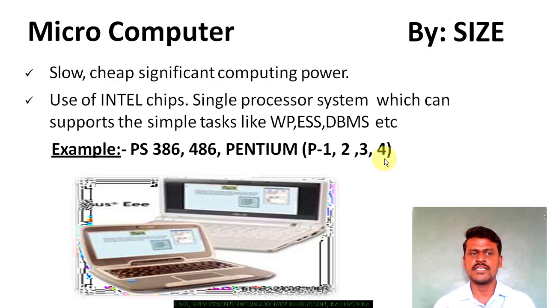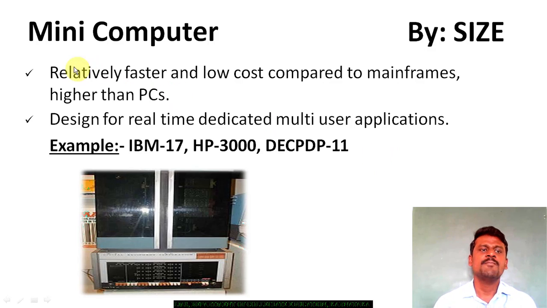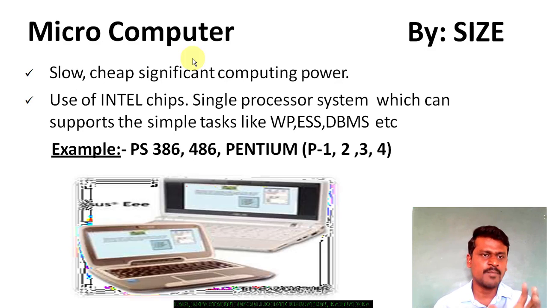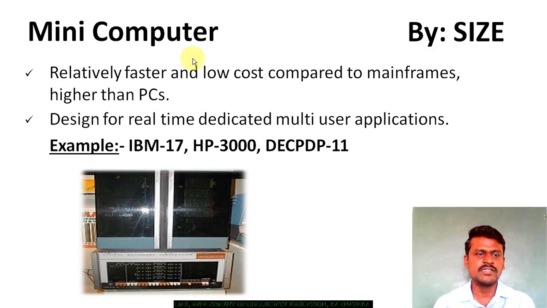Now we will move on to the next one, minicomputers. Minicomputers are relatively faster. Micro means very small, mini means somewhat larger than microcomputers. You can see here the arrangement of computers. These are somewhat bigger than microcomputers, so we can call them relatively faster and low cost compared to mainframes.